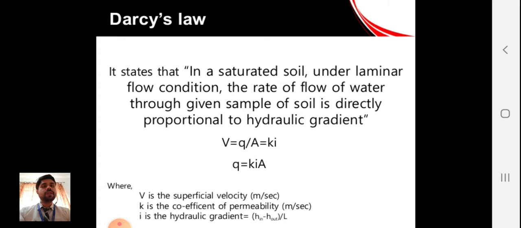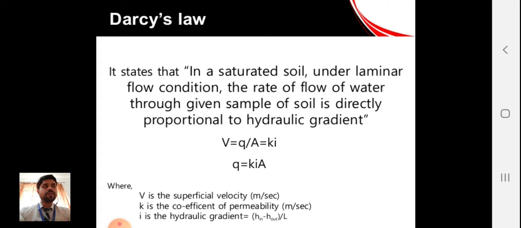Hydraulic gradient means the difference between the head at inlet and the head at outlet. That hydraulic gradient is directly proportional to the rate of flow of water.